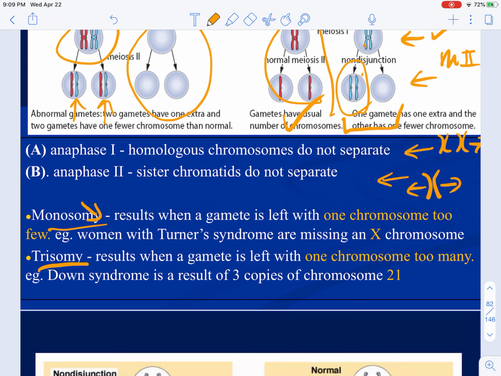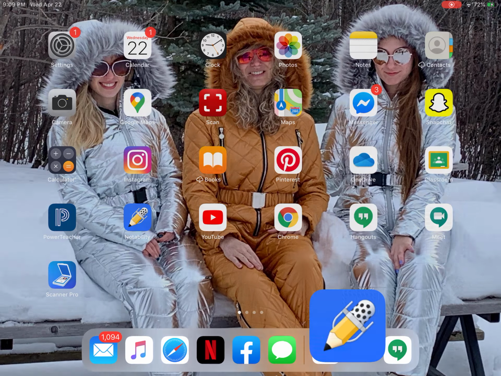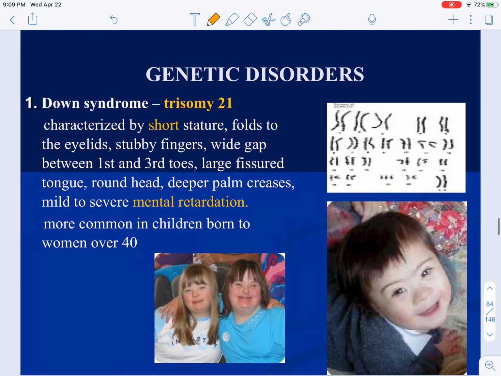Or sometimes the gamete had an extra chromosome because of something like this. And then when we look at the resulting new little baby, it has 3 of a certain chromosome instead of just 2.